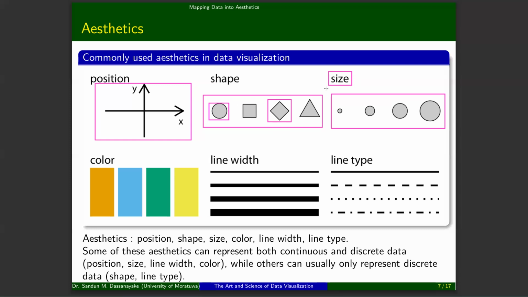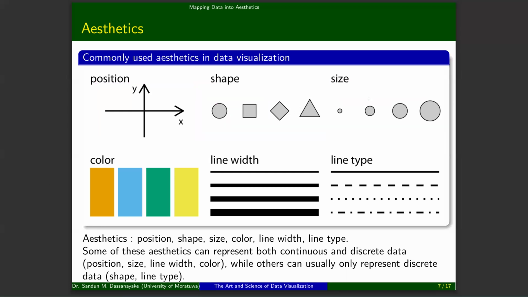You can, of course, use them interchangeably together as well, but in a cleaner version, size can be taken with a single type of shape. So you can see as the size increases, something is changing. And then color: I told you color itself is an aesthetic to map the scale.